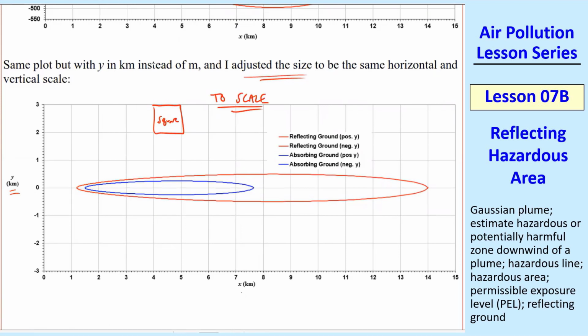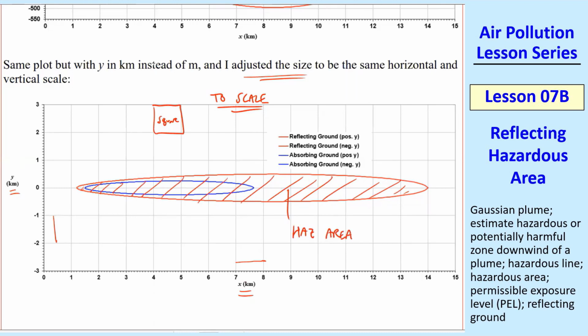You can see the x is kilometers and 1 kilometer is this distance, and y is kilometers and 1 kilometer is that same distance on this. So this is what it actually looks like if you were in an airplane and you could somehow visualize the hazardous area. So for the reflecting ground case, everything in here is the hazardous area.